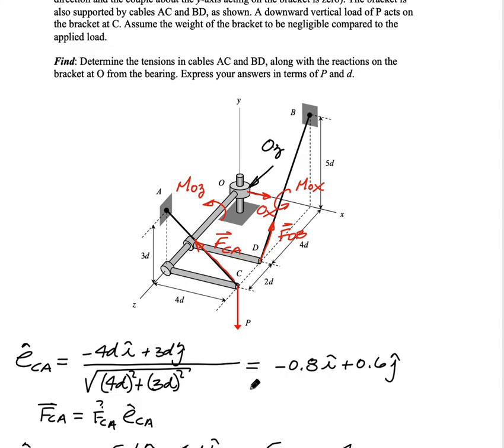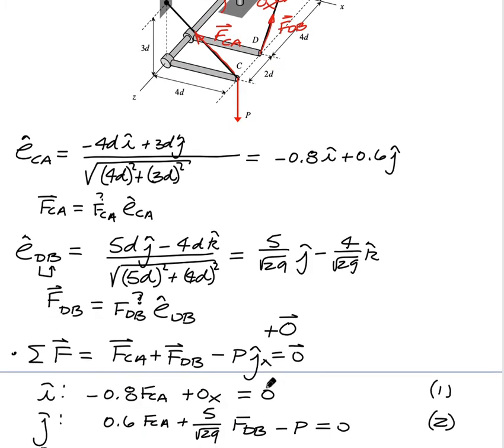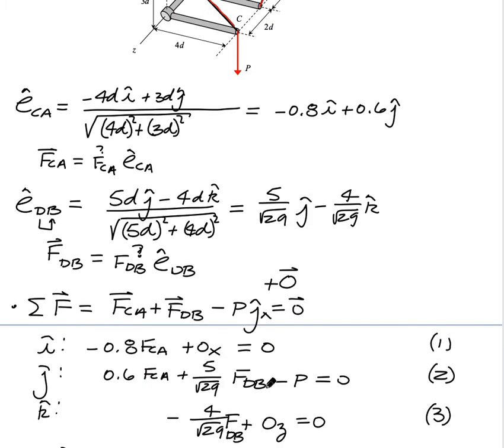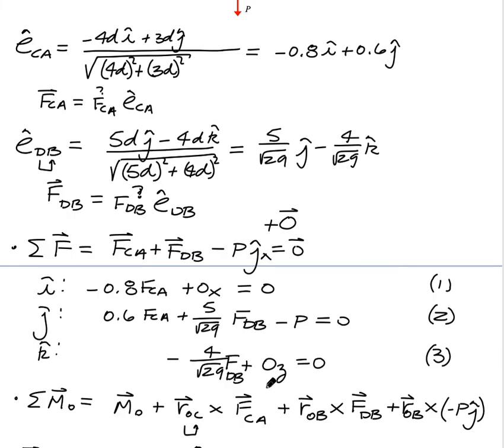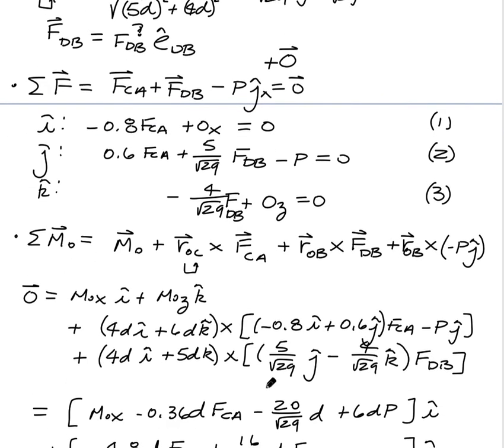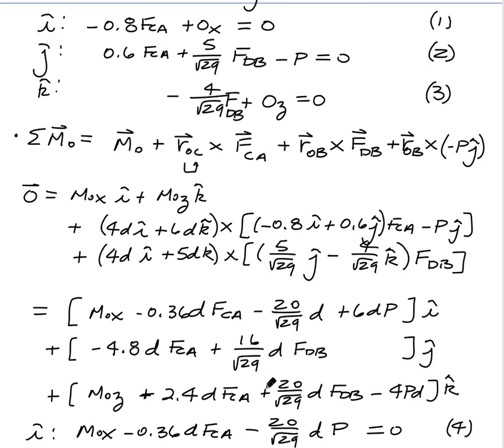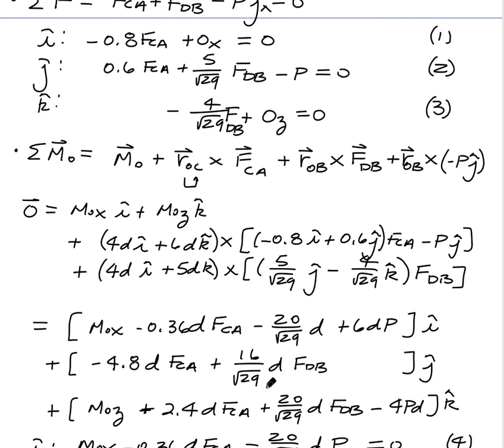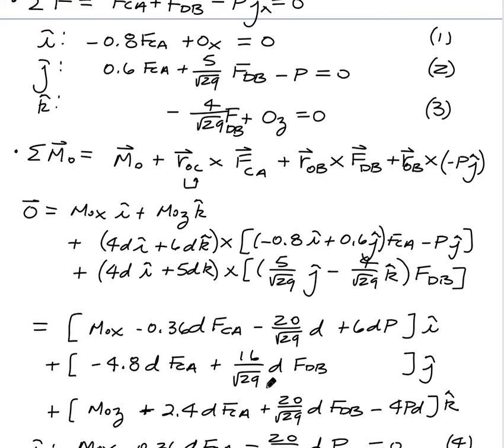It turns out, though, that the equations we get from summation of forces give us three equations, and summation of moments, in this case about O, gave us six equations, 1, 2, 3, 4, 5, and 6. They're all fairly strongly coupled together.